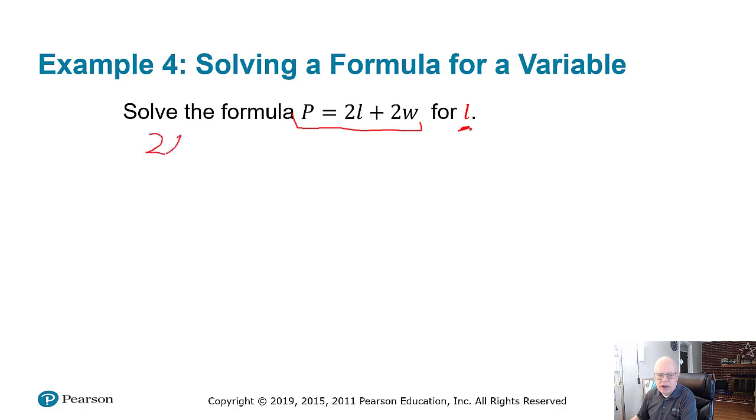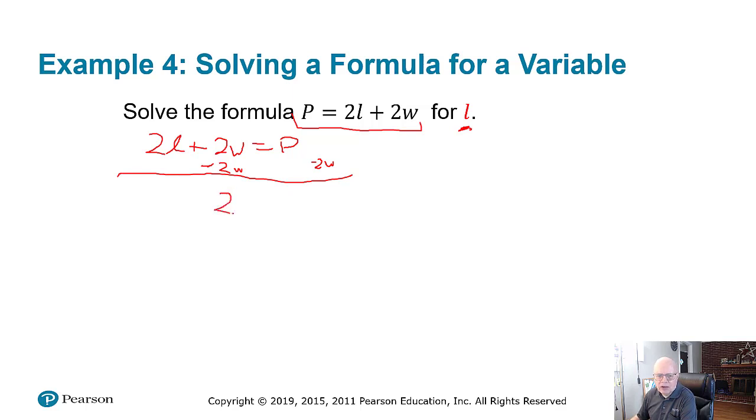So I have 2L plus 2W equals P. Now I want to solve it for L, so I need to subtract 2W from both sides.